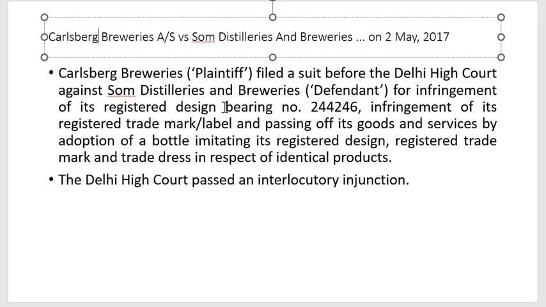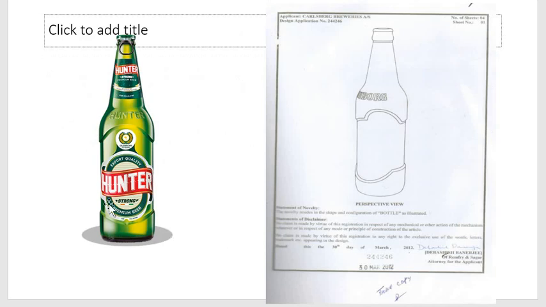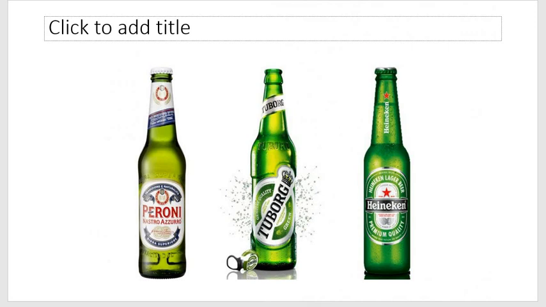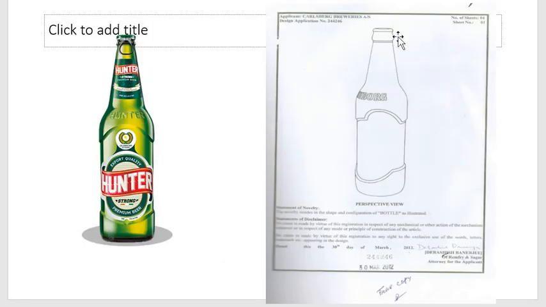Then this Carlsberg Breweries case. This was a case of a bottle. Tuborg is Carlsberg, and then Som Distilleries is the other party. The court noted that they wanted protection for the full shape of the bottle.